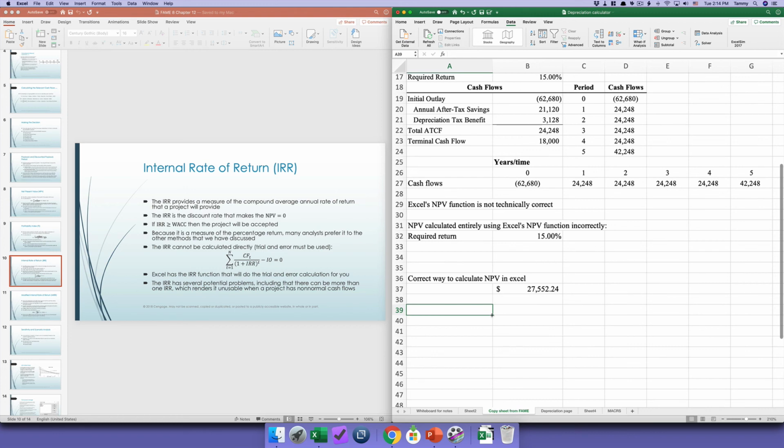So the IRR function in Excel. Okay, the way you do it is you go IRR, and the arguments are, you just take these values, there has to be a negative at the beginning, and then you have to start it, because what happens is Excel iterates.